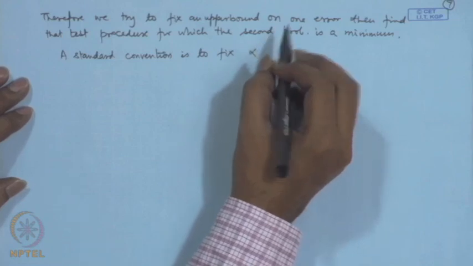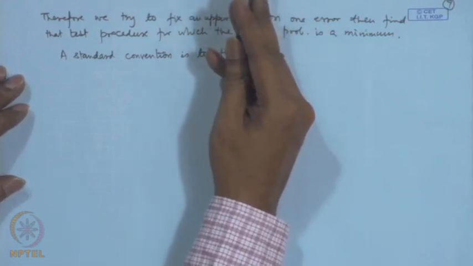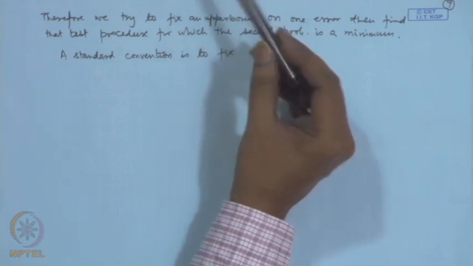In the example that I have considered here, alpha and beta are two numbers, but in general they will be functions of the parameter. If they are functions of the parameter, then we need to look at the maximum value.